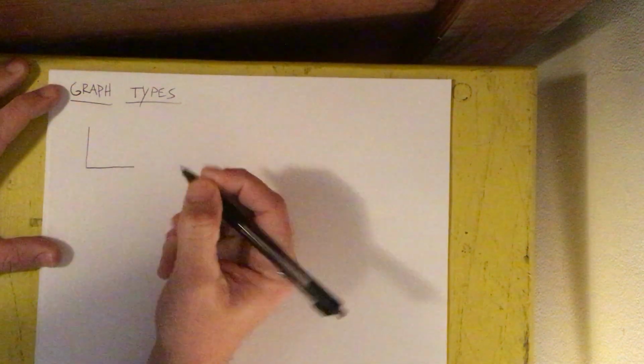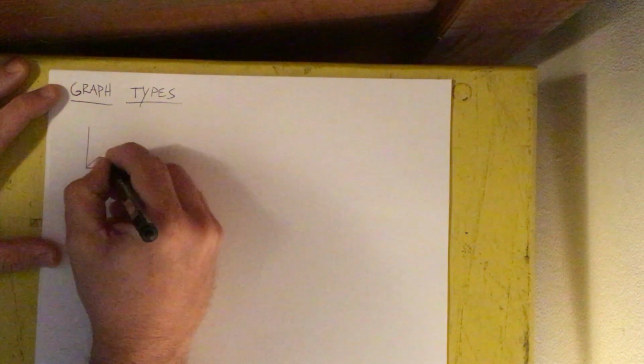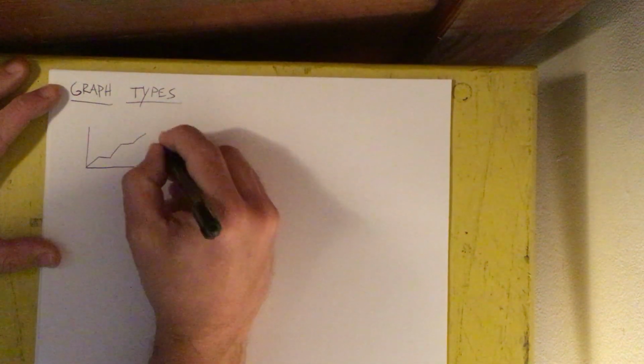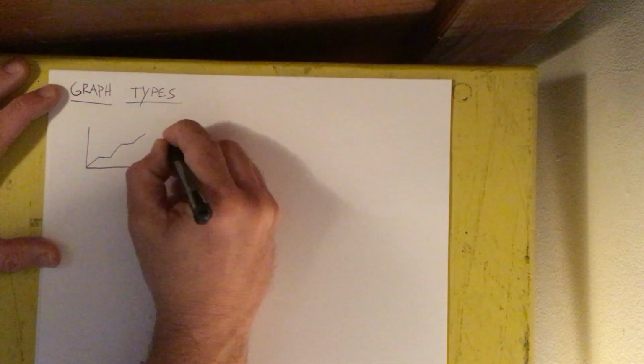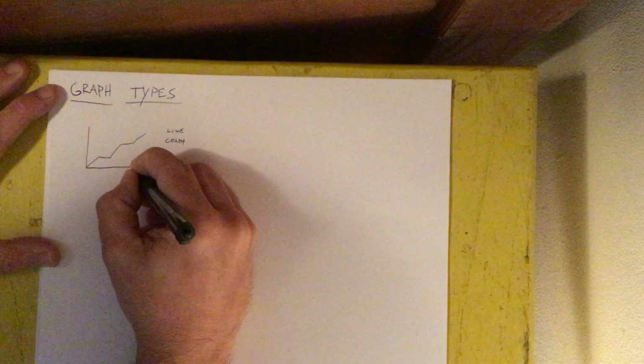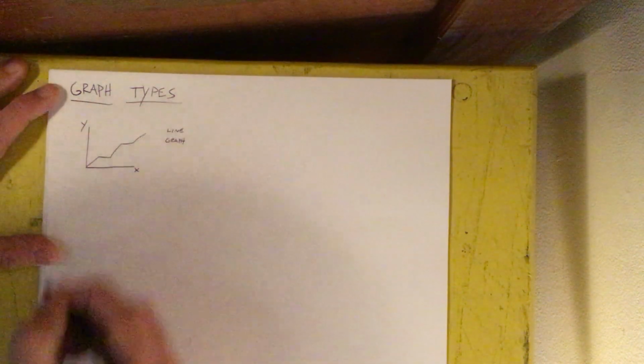The first graph type that you might see is called a line graph. And when appropriate, I want you to label the x and y axis on all of these.